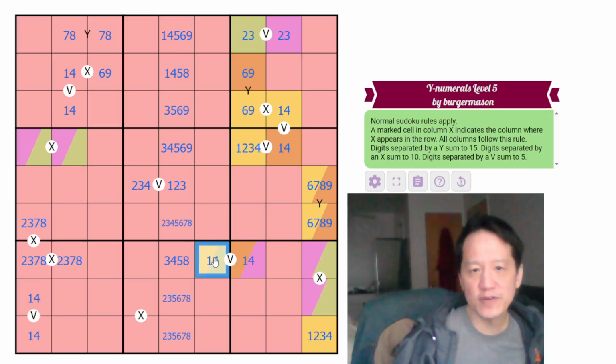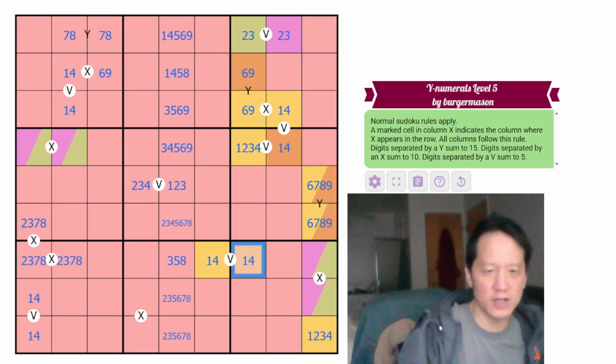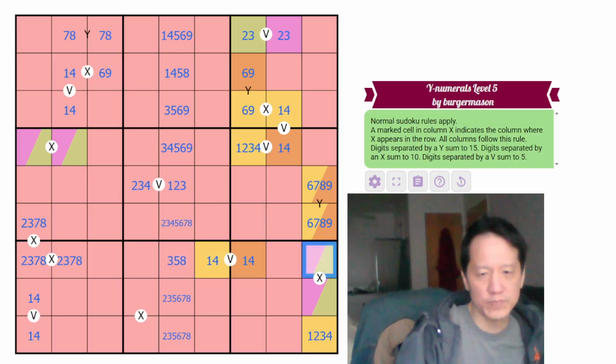So this specifically then has to be yellow, right? This has to be yellow because it cannot be green because green is 2 or 3. This has to be orange, so it can't be pink. This can't be 4 because of the 1, 4, 1, 4 pair in the row.